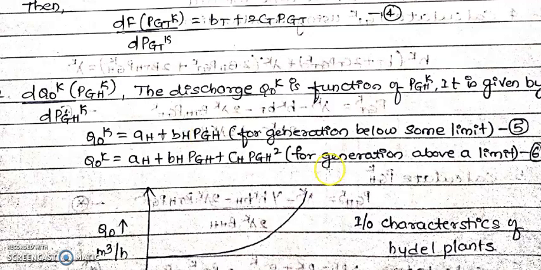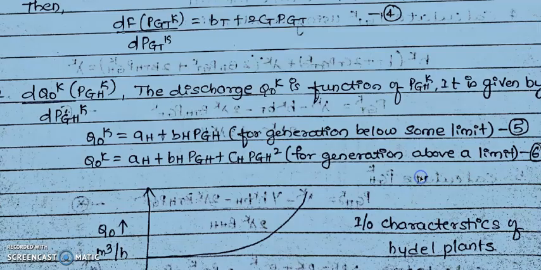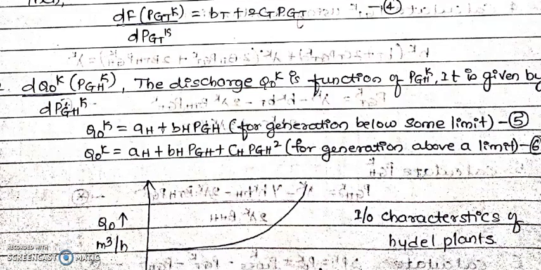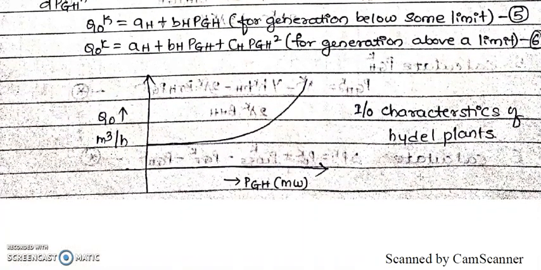If the generation is above the limit you fix, then a ch of pgh square term will be added, so the equation becomes ah plus bh of pgh plus ch of pgh square. This will be the equation for q naught.